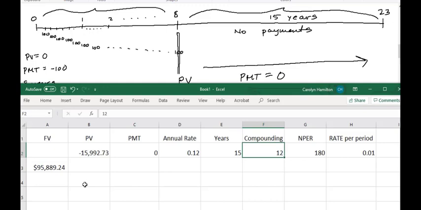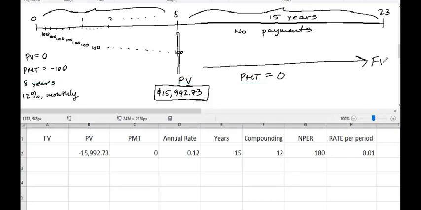Compounding monthly. The number of periods should have automatically updated. Monthly compoundings for 15 years gives me 180, and the rate per period is still 1%. Then I want to find the new future value at this point.